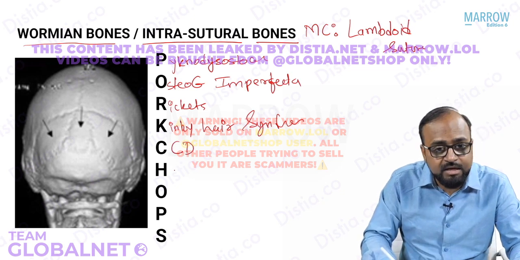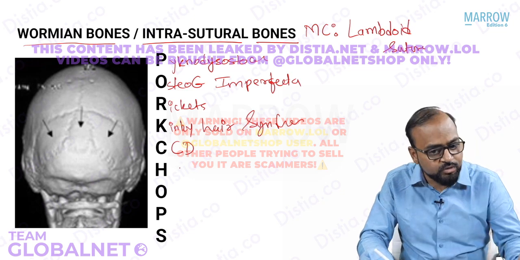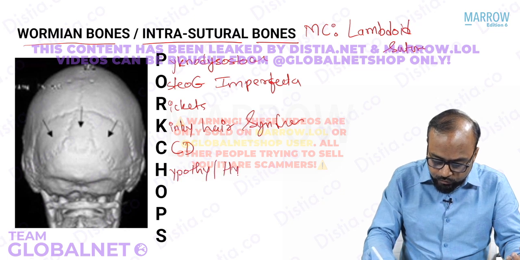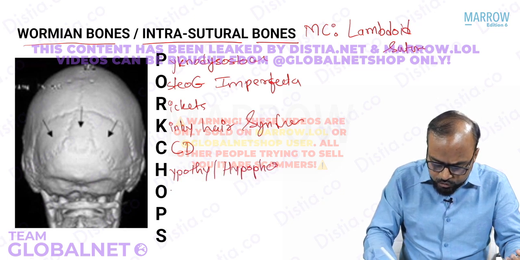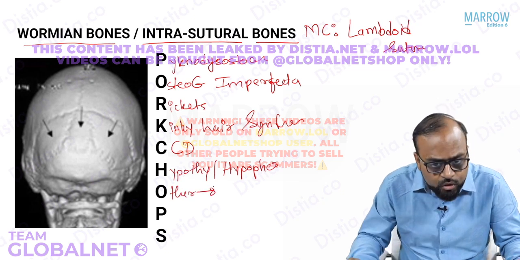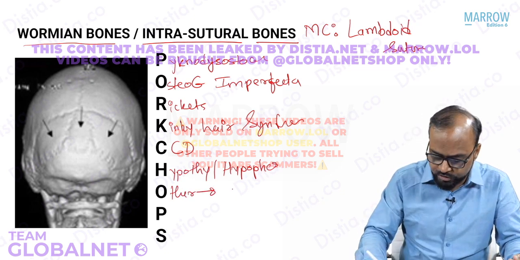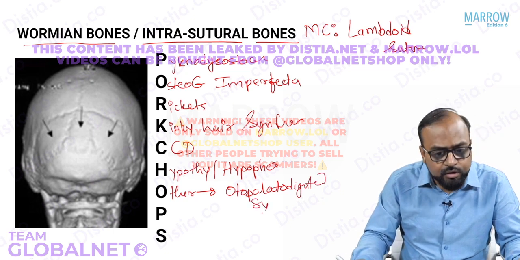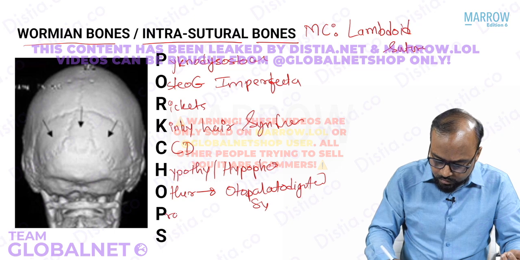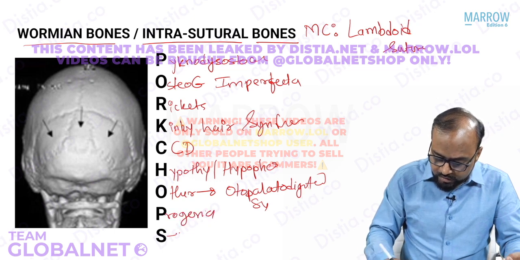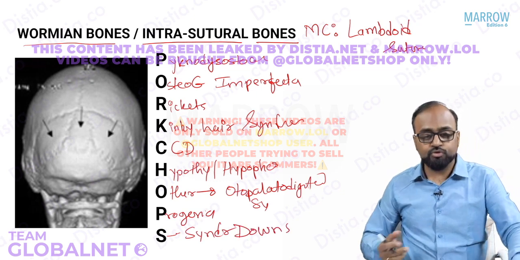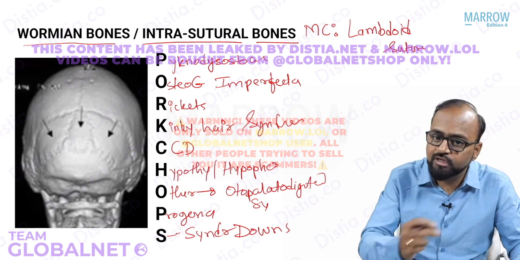Cleidocranial dysplasia, affecting the clavicle as well as the skull vault. Hypothyroidism, hypophosphatasia. Certain other miscellaneous causes usually include otopalatodigital syndrome, progeria, and syndromes such as Down's syndrome. So these are the most important causes of Wormian bones or accessory bones within the sutures.